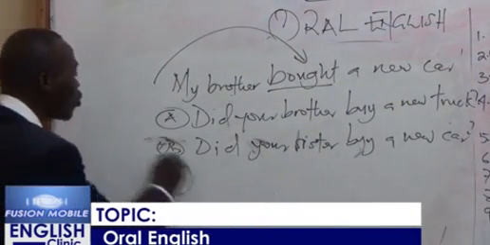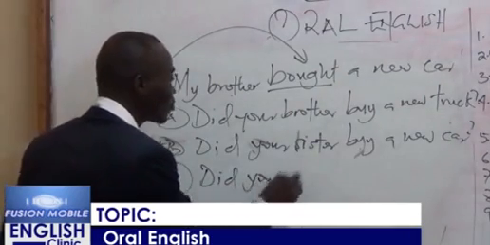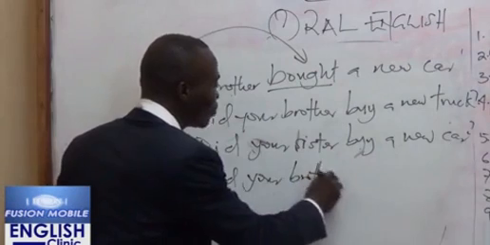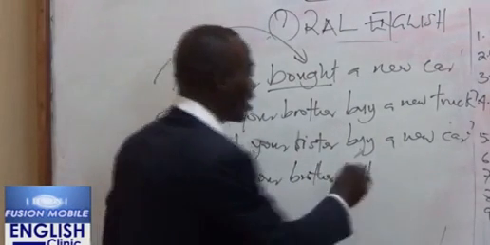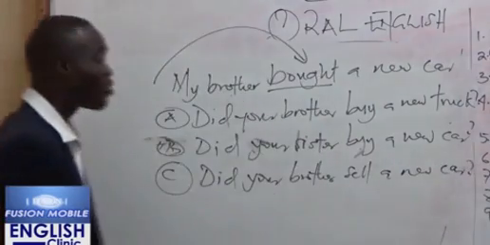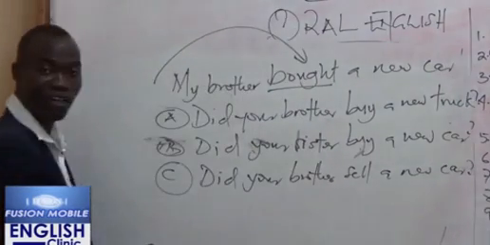But if I have the option, did your brother sell a new car? The appropriate answer will now be no. My brother bought a new car. You understand what I'm saying?